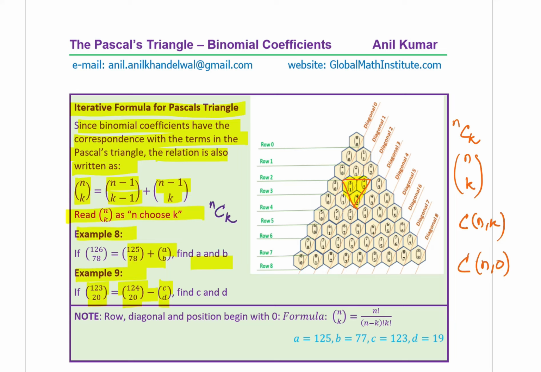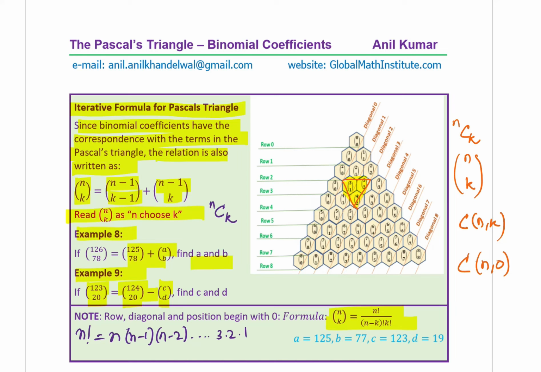Perfect. Now, what is the meaning of nCk? Once again, it is a formula which can be used to calculate the binomial coefficients. You can use a calculator, and the formula is nCk equals n factorial over (n minus k) factorial times k factorial, right? Now, let's rewrite here. If I write n factorial, it really means n times n minus 1 times n minus 2 and so on, times 3 times 2 times 1.